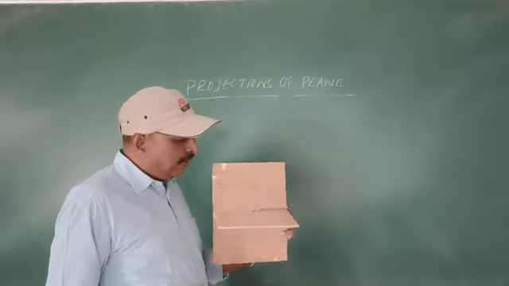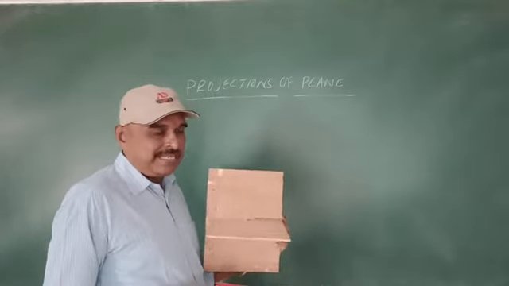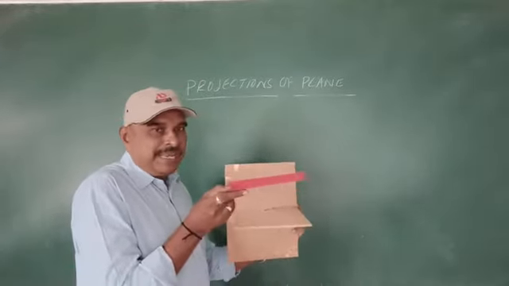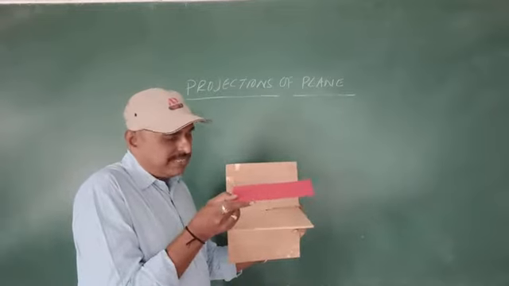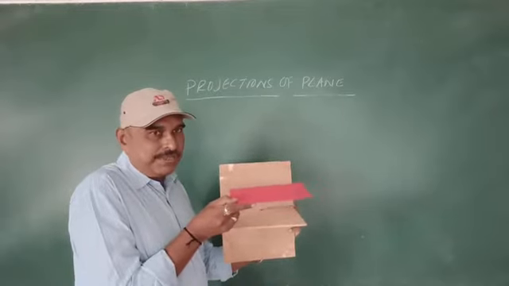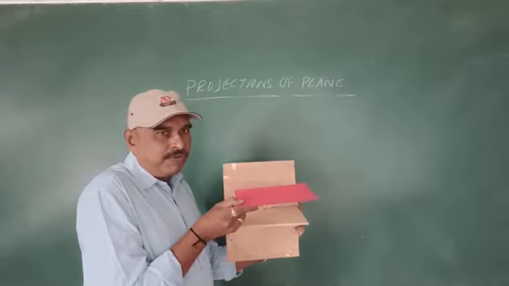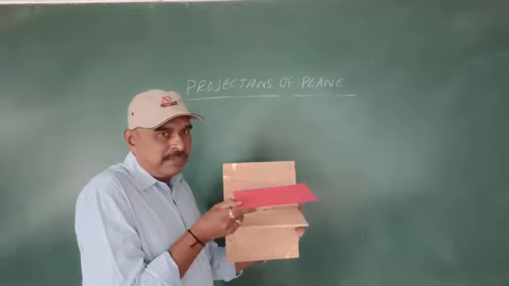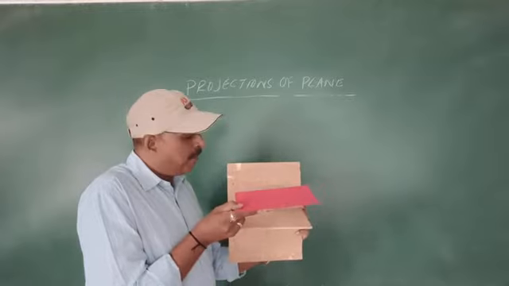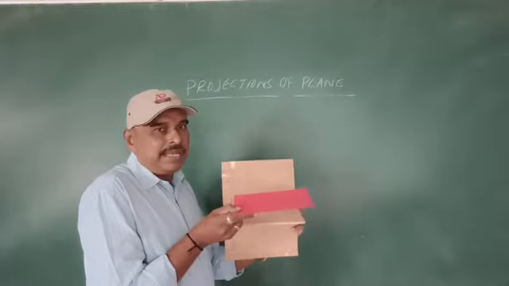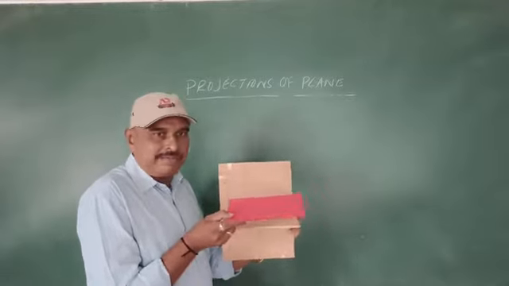Coming to the first position, the plane surface parallel to HP. Already you know HP and VP. The plane parallel to the floor or ground is the horizontal plane, and the plane perpendicular to it is the vertical plane.